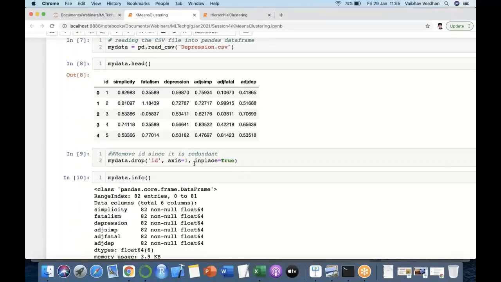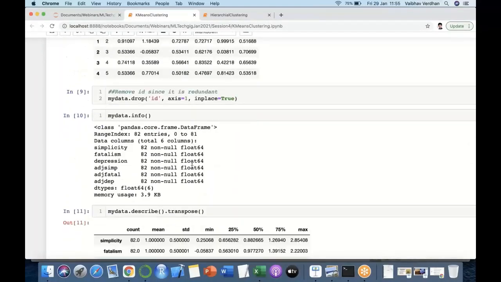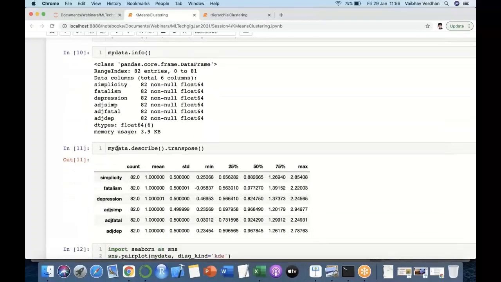It is not required, so the ID is removed, and now this is the info of my data set. So I have these 6 variables. Now I want to use the k-means algorithm to find the patterns in this data set.